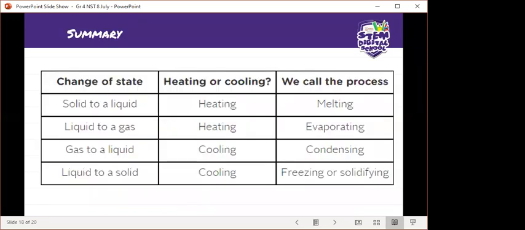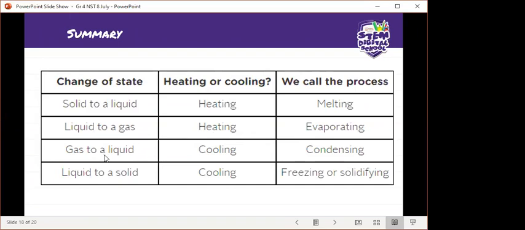Okay. So guys, just a summary of what we looked at. We looked at change of state, a solid being turned to a liquid. And we said that in order for a solid to be turned to liquid, we need to heat it, and the process is called melting. In order for a liquid to go to a gas, we need to heat it, and the process is called evaporating.